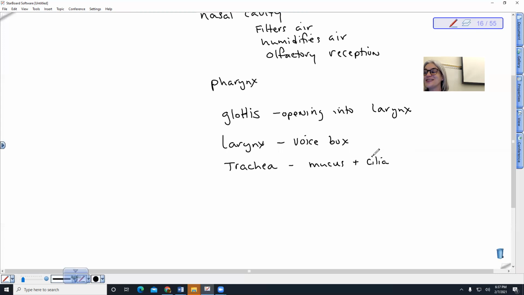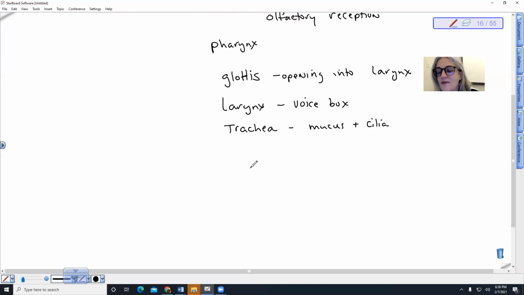The cilia, interestingly, can repair themselves. So it's not like a permanent thing. So you can get rid of most smokers' coughs, maybe not the problems of diffusion of gases, but the cough can go away once you stop smoking. Okay, so we have the trachea, and then we have the two bronchi. These branch into the right and left lungs, and they branch into smaller bronchioles.